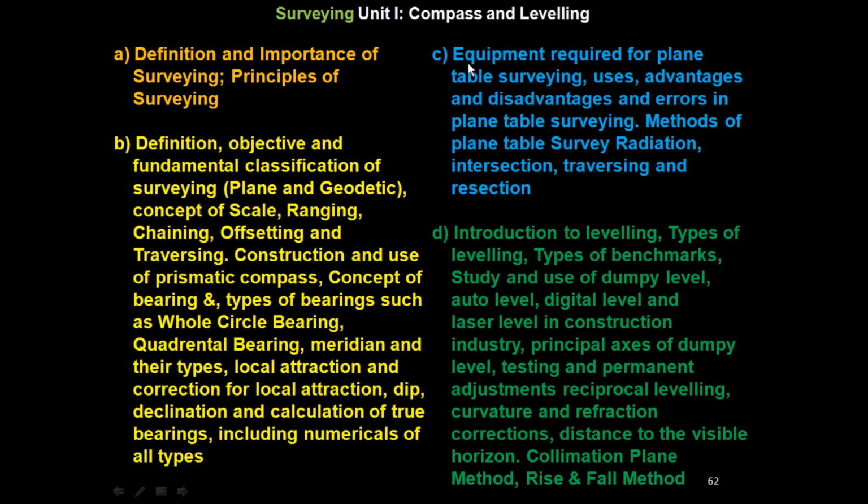C part includes equipment required for plane table surveying, uses, advantages and disadvantages and errors in plane table surveying, methods of plane table survey, radiation, intersection, traversing and resection.